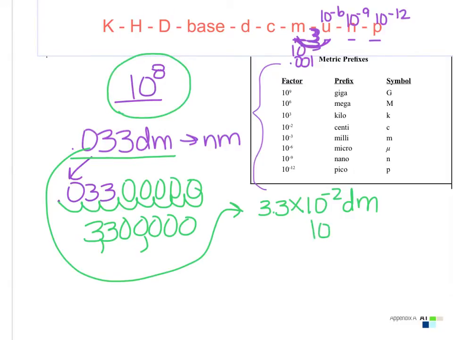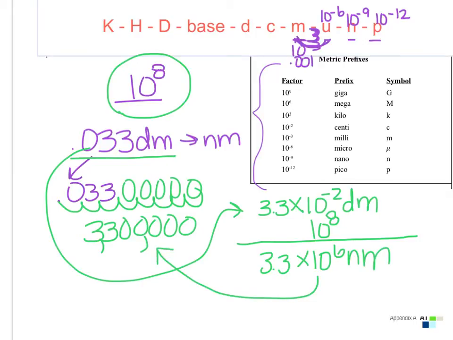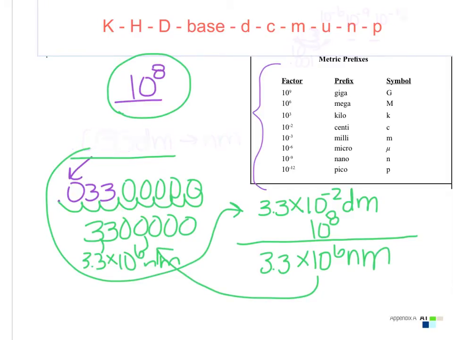So all we have to do is add our exponents together, and we get 3.3 times 10 to the 6th nanometers. And if we look at our answer, same thing, 3.3 times 10 to the 6th nanometers. So if you're going to end up with scientific notation, that's kind of a shortcut. Let's try another one.